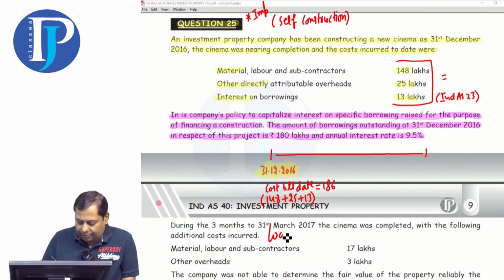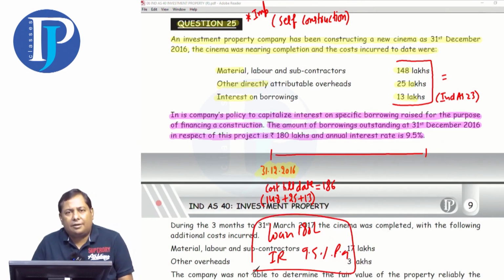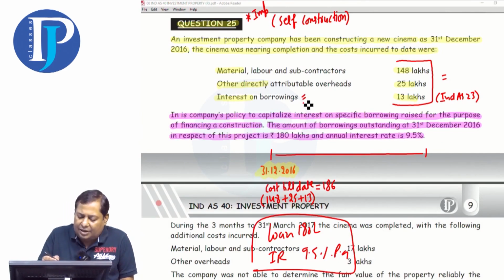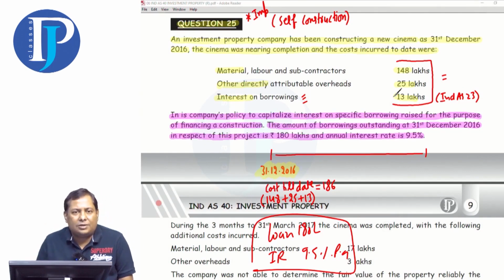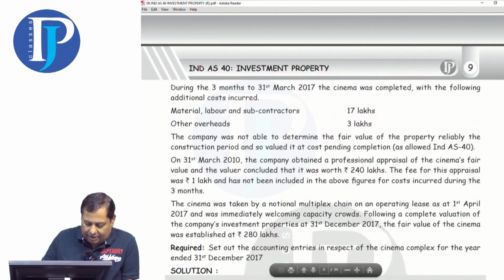We have a loan of 180 lakhs and its interest rate is 9.5% per annum. It's no issue, we will see. You are given loans information. Interest has been given to you. What's the use of loan and interest rate? They are of no concern. Without interest amount given here, you will need to calculate it. We have this information given which is up to December 31st, 2016 and we should proceed further.